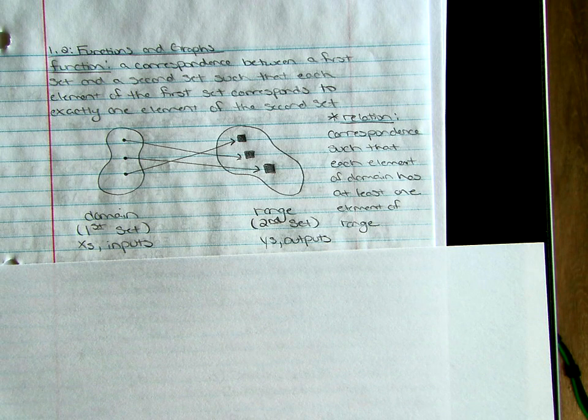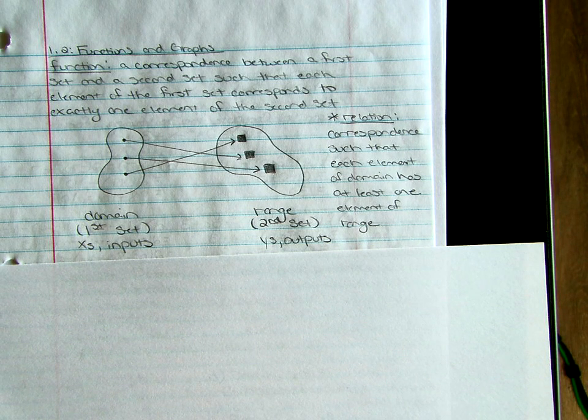What that means is in algebra, a function happens when you put in one value for x and you always get out the same value for y. Now, that doesn't mean you get out the same value in terms of what x is. But if I plug in 2 into an equation, I'm always going to get out the same answer.